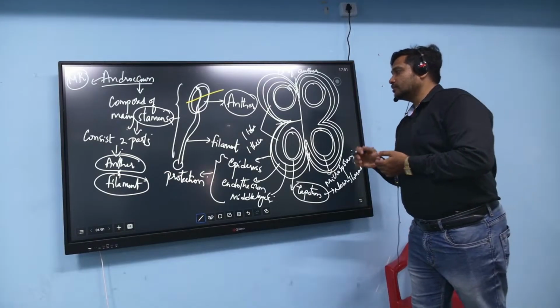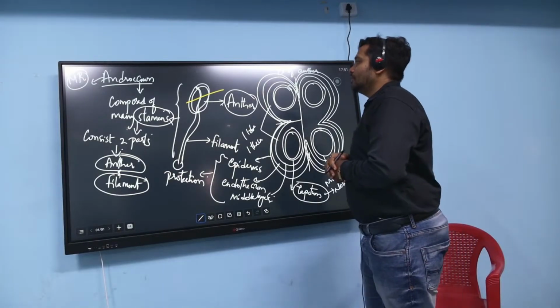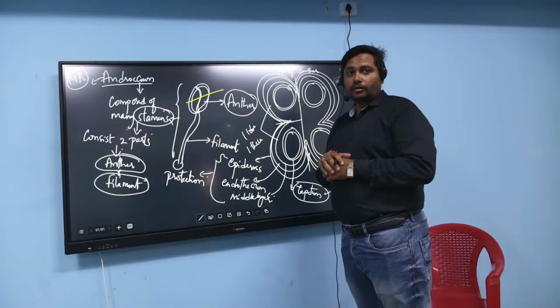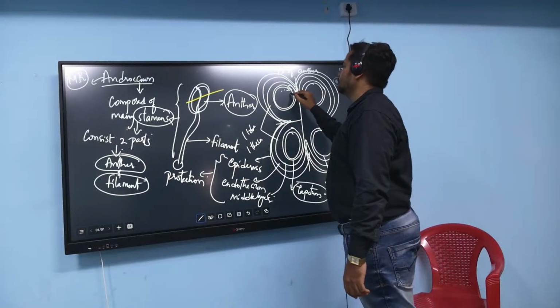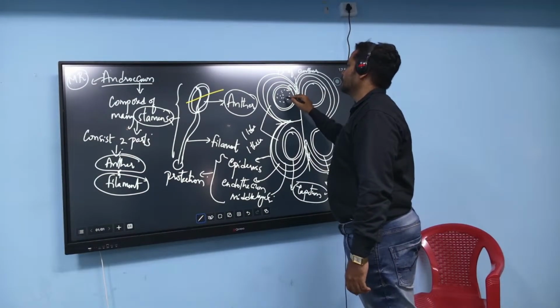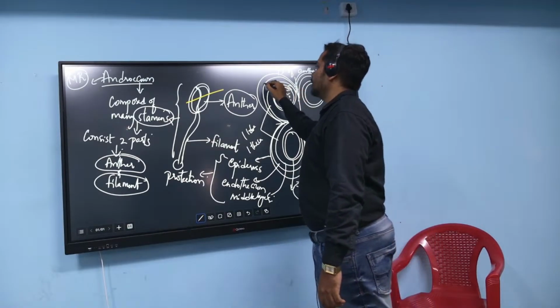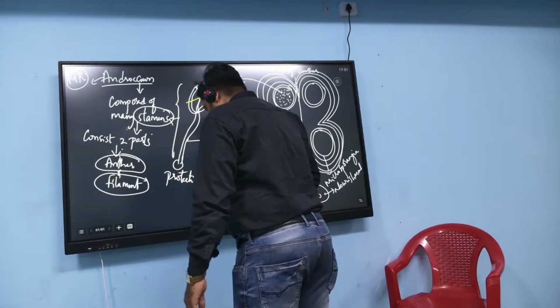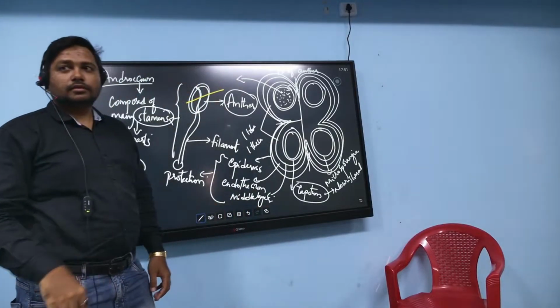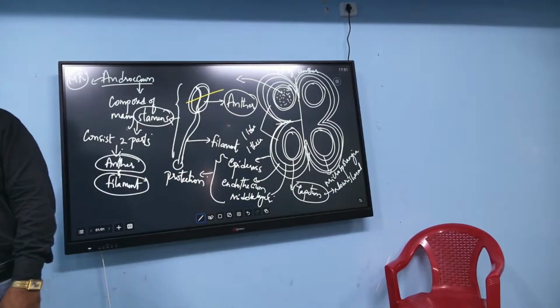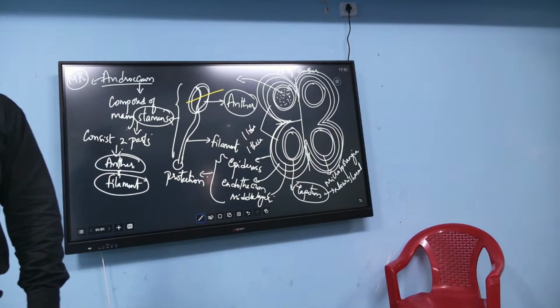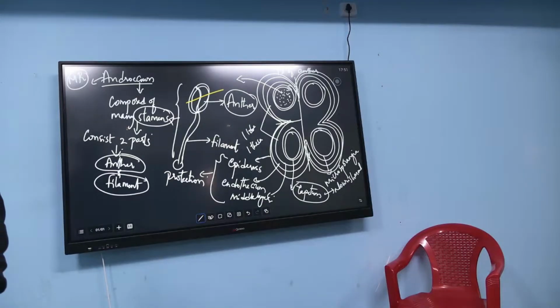Inside the microsporangia, when the anther is young, it will have small tissues. The tissues are called... Pollen grains, very good. Directly pollen grains will come?